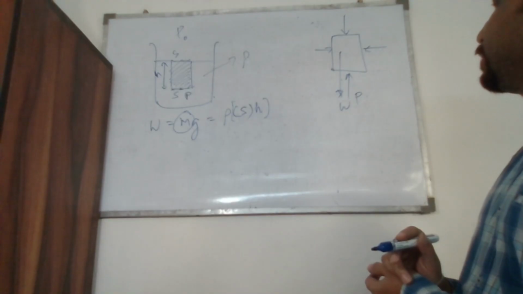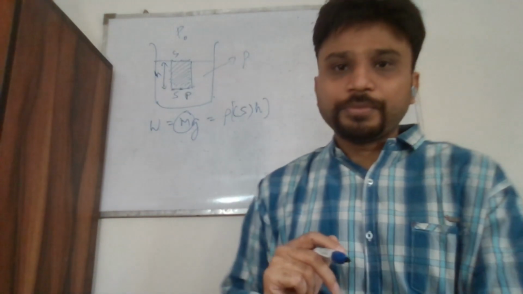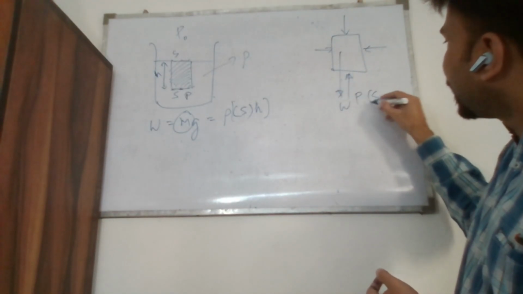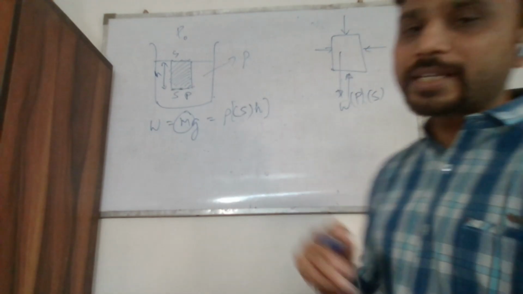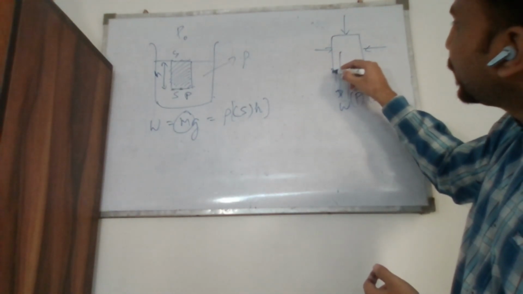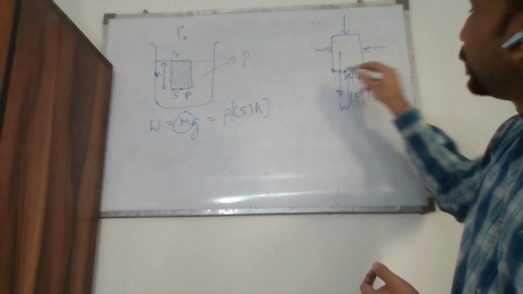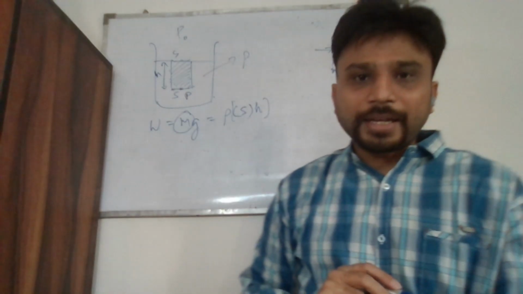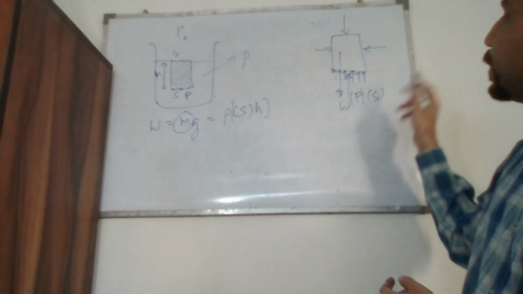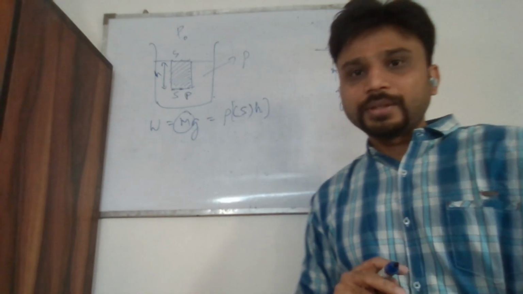So what is the value of the force exerted by this pressure P? This pressure P into the area S would be the force exerted by the pressure at this point. Since we know that the pressure at all the points in a horizontal line is the same, simply multiplying pressure with the surface area gives us the force.